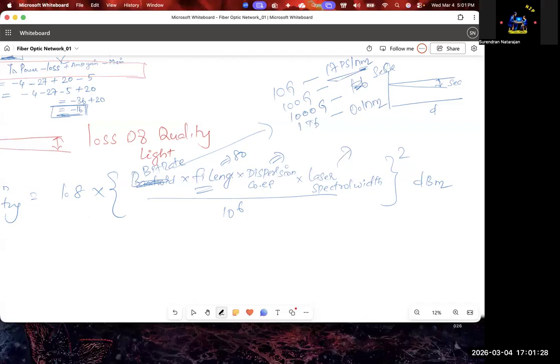What it means is, for example, you are radiating at 1550 nanometer. That is one wave. The next wave is 1550.1, then 1550.2. So what we mean by laser spectral width is the minimum bandwidth. Spectral width is nothing but your same bandwidth, the width of the road. The difference between these two frequencies is 0.1. That is what they are mentioning.